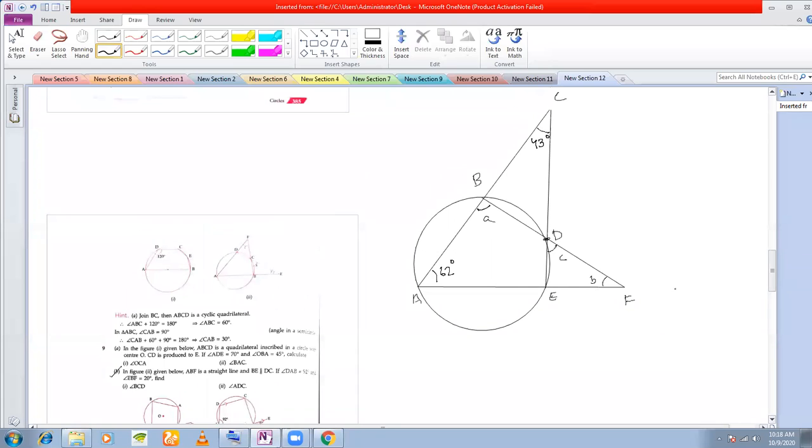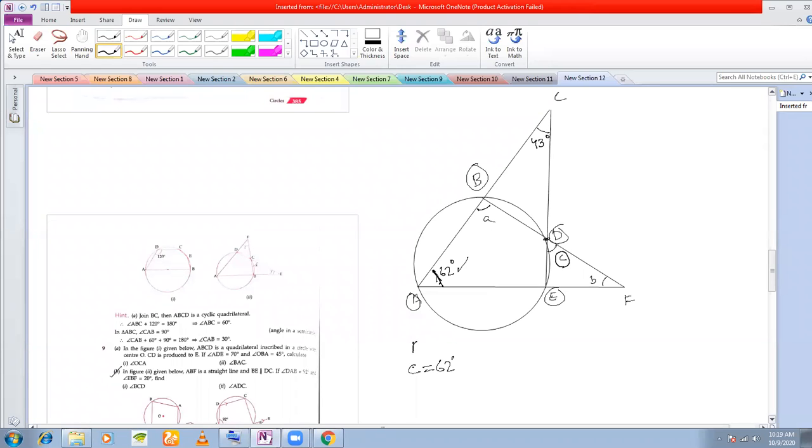See, first of all, A, E, D, B form a cyclic quadrilateral, right? In which one angle is 62 degree. So this interior angle must be equal to its exterior angle, which is the exterior angle C. Therefore, C is equal to 62 degree.